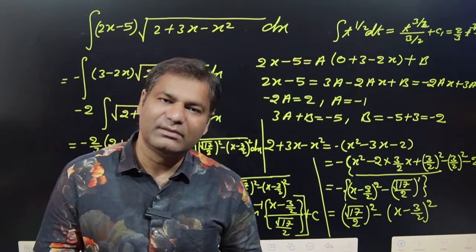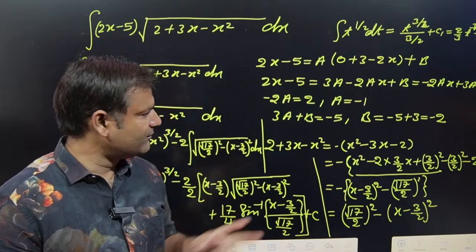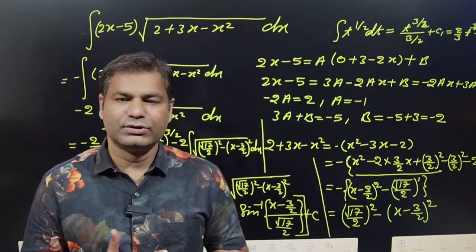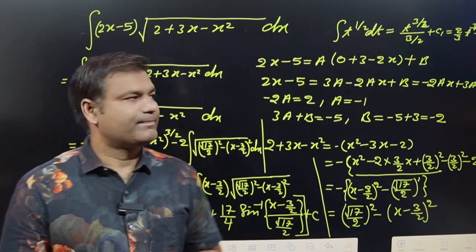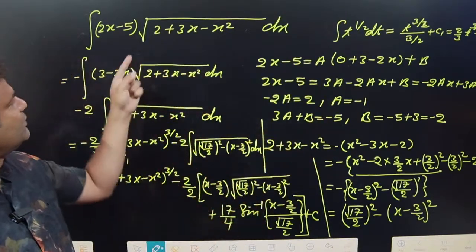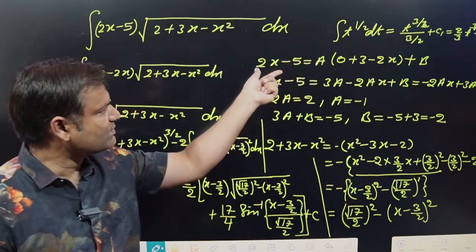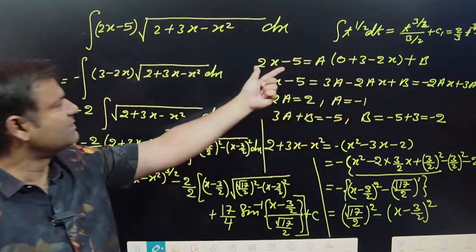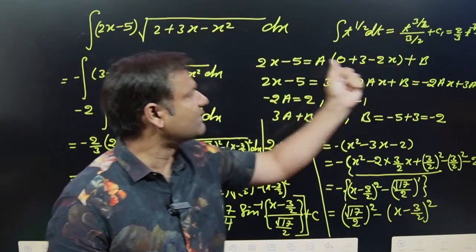Here a is minus 1 and b is how much? Minus 2. These two values, corresponding to a and b, are put here.